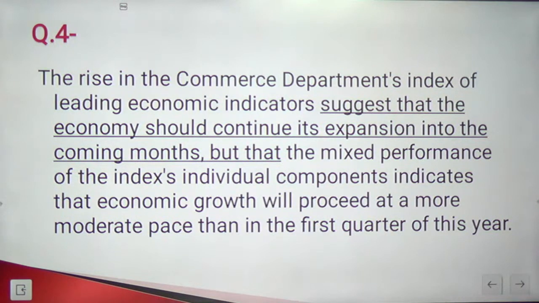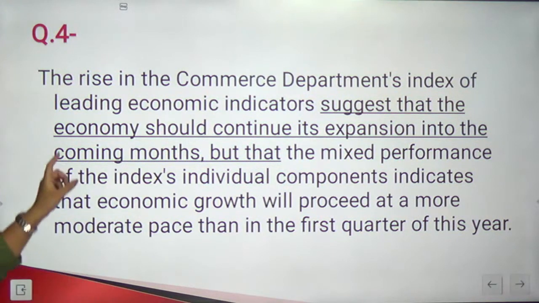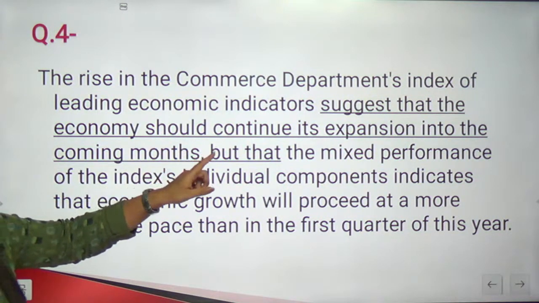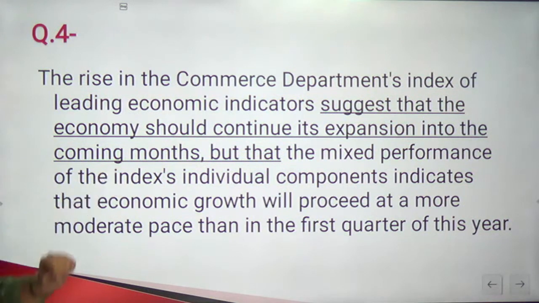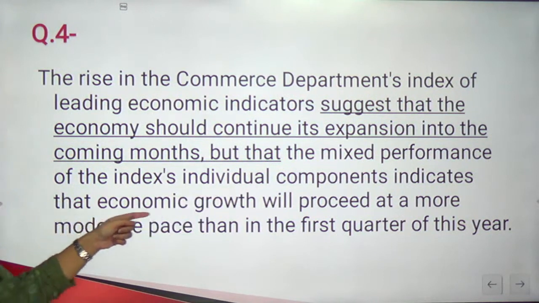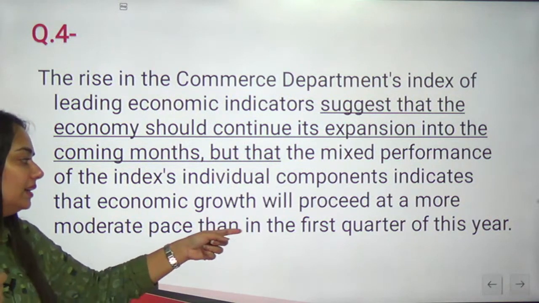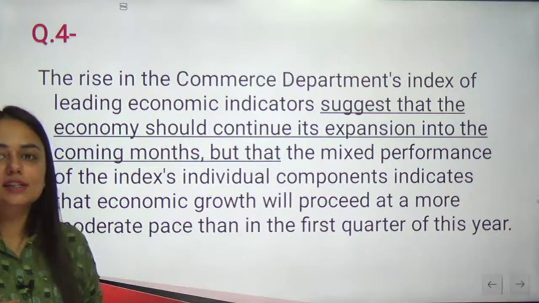The rise in the Commerce Department's index of leading economic indicators suggest that the economy should continue its expansion into the coming months, but that the mixed performance of the index's individual components indicates that economic growth will proceed at a more moderate pace than in the first quarter of this year.